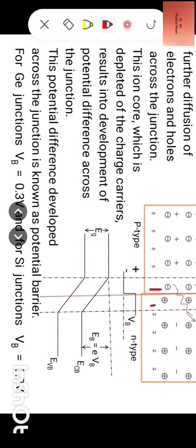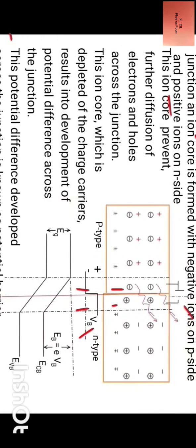This potential difference developed across the junction is known as potential barrier, which is represented here by VB. This side is negative, this side is positive. So there is a potential difference across the junction due to ion core, which is reflected by the cell as shown in the diagram.